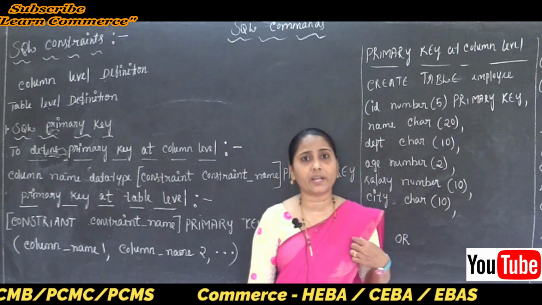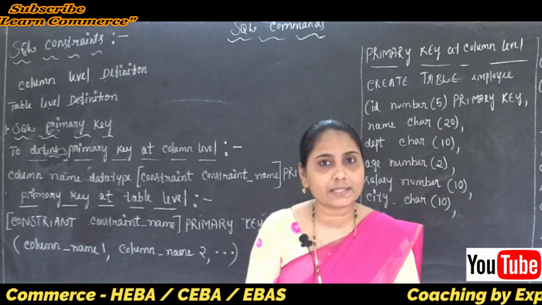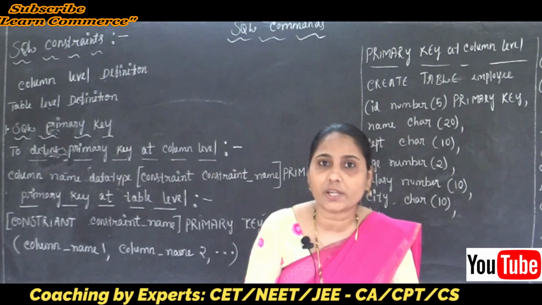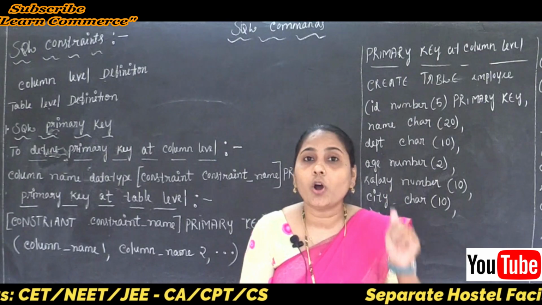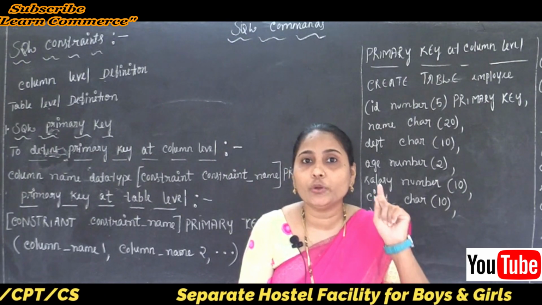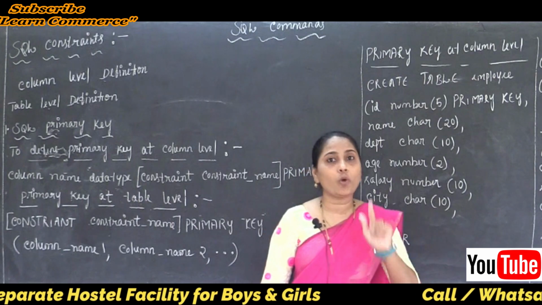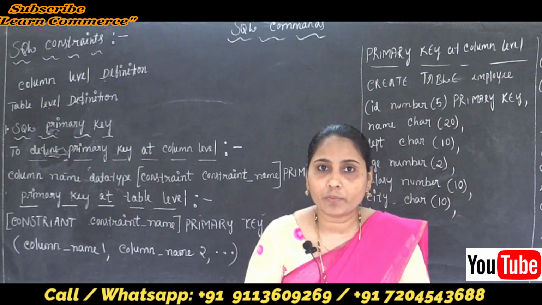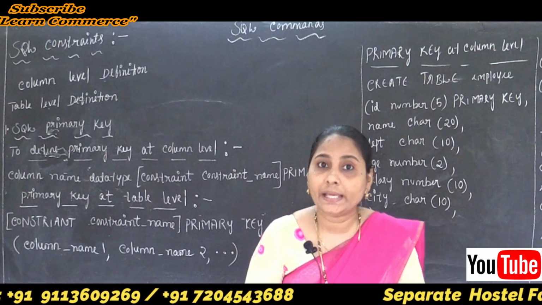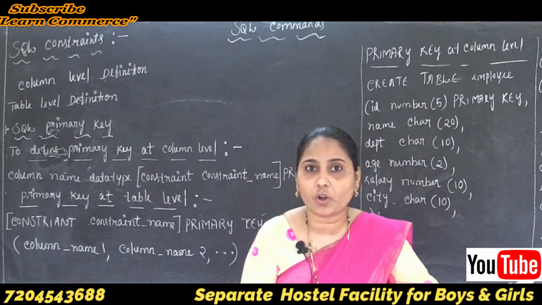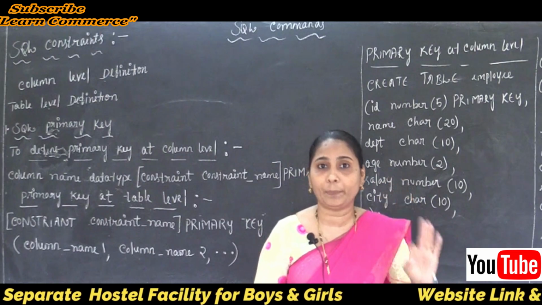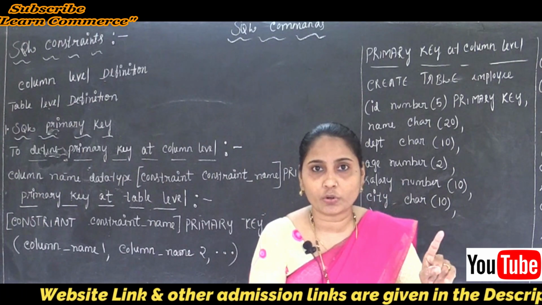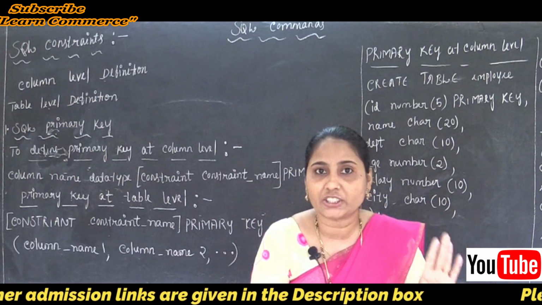The SQL primary key constraint defines a column or combination of columns which uniquely identifies each row or record in the table. What's the meaning of this? Whatever value we enter in each column or combination of columns, such value is not going to repeat again and again. No repetition, no duplication.